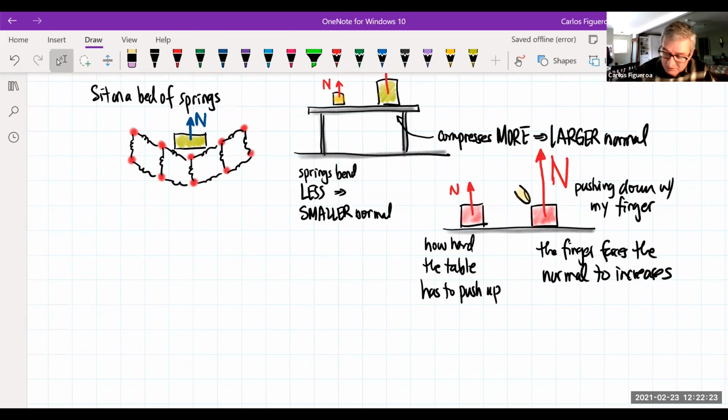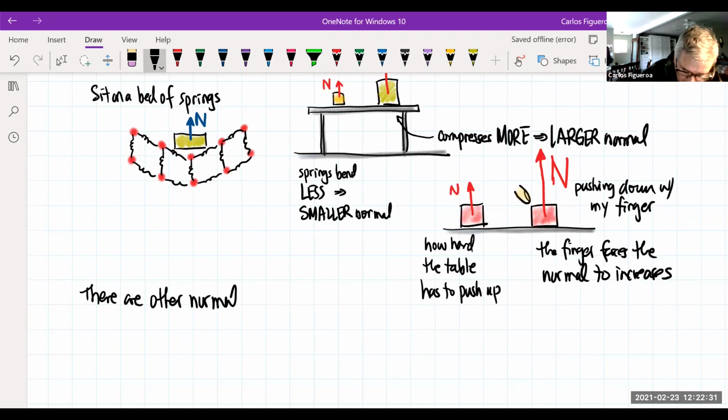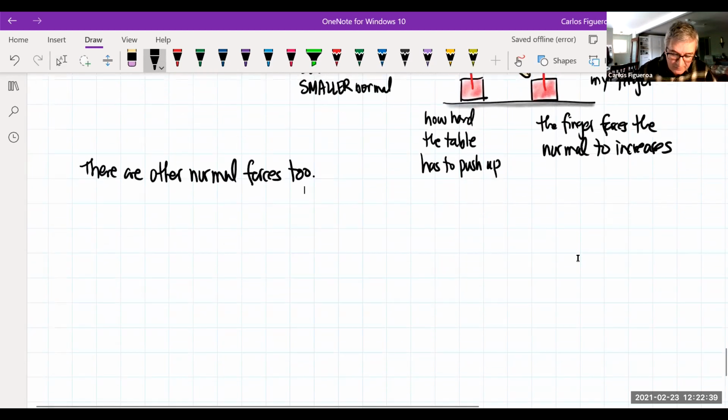But there are other normal forces too. One of the most iconic problems in physics is the inclined plane.